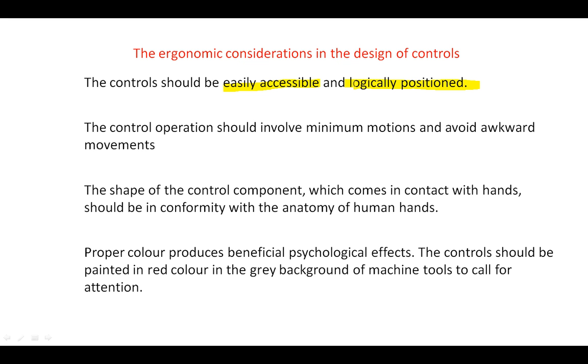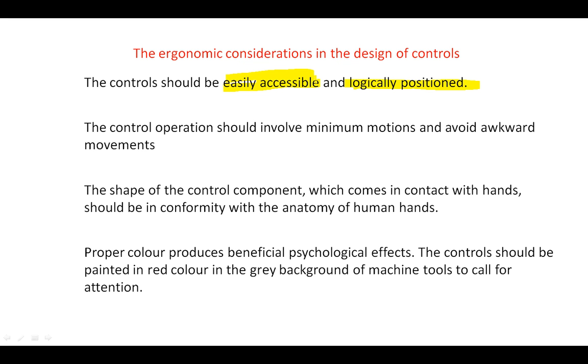If it is to be operated by foot, then that control should be at a lower height, so that the user can reach that control by his foot. Okay, this is the first point, easily accessible and logically positioned.